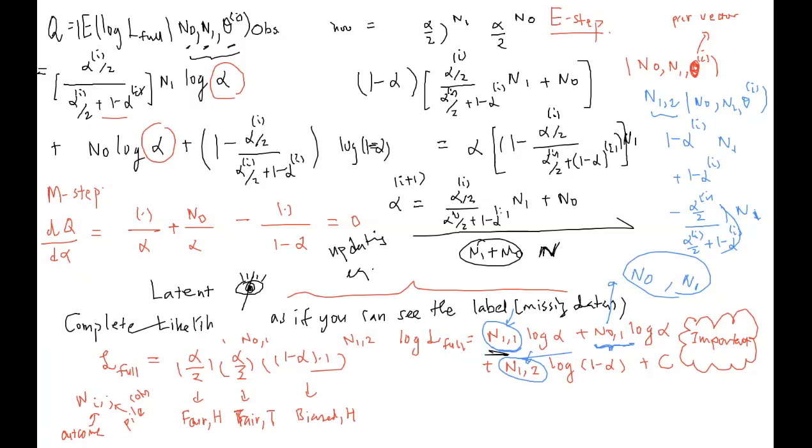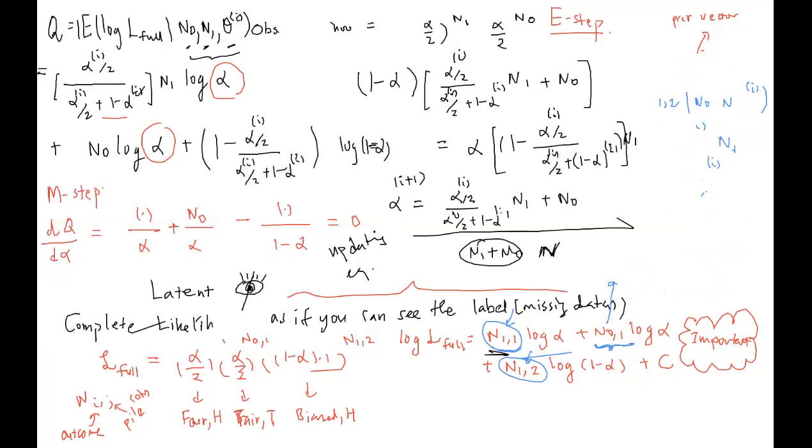Now, this is a very simple situation because you only have one parameter in this model, okay? So the updating will proceed very quickly, and then you will be able to reach convergence, right? Then you ask yourself, once convergence has been reached, what will the value of alpha be?